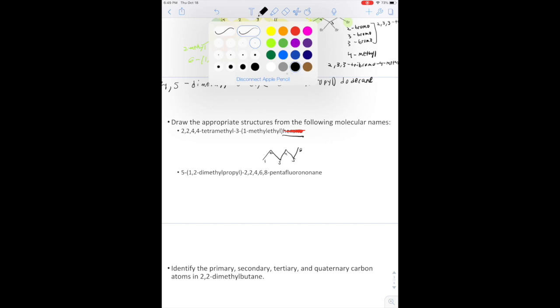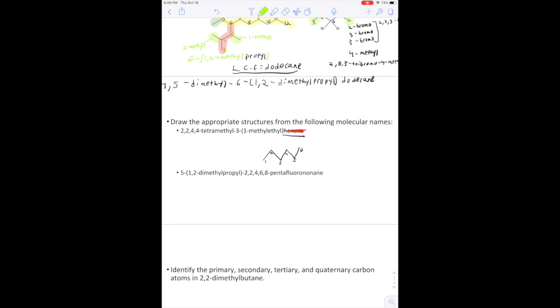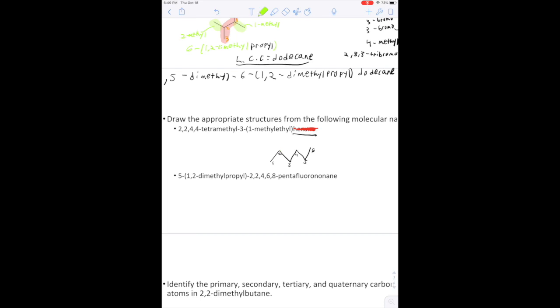Well, let me do this in another color. I'm doing methyl, so why not keep it green? So 2, there's a methyl group here. There's a methyl group here. There's 2 methyls on 4 as well. Now I can cross this out. Tetramethyl. 2, 2, 4, 4 tetramethyl. Perfect. Now it says on 3 there's a complex substituent.